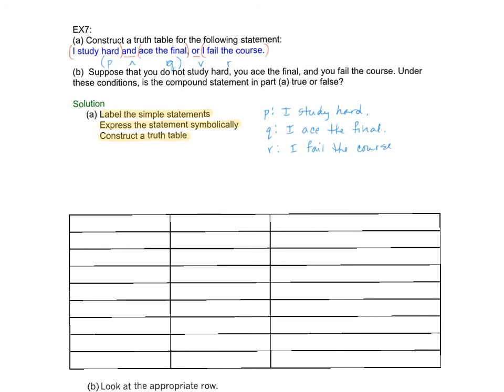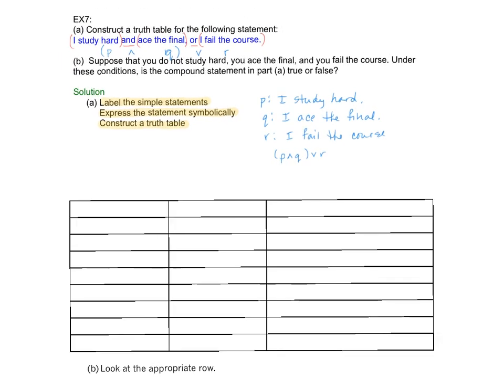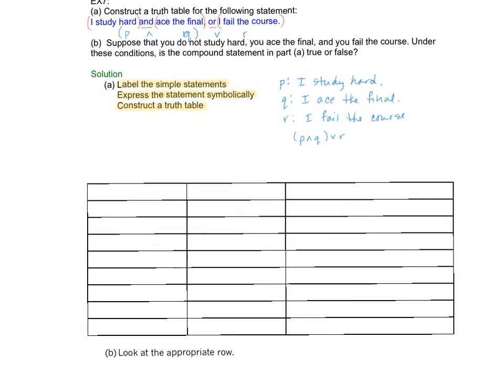Now this statement is going to be in parentheses, P and Q, or R. Whenever you're going from words to symbols, you do have to identify your statements, because otherwise your letters make no sense. If you don't identify your statements by assigning P, Q, R, and so on, then once you put it in symbolic form, it makes no sense. So anytime in mathematics that you introduce a variable, you should identify it.